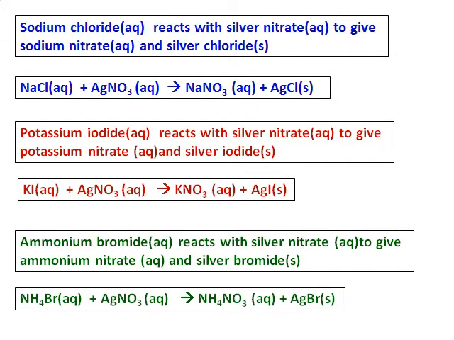So ammonium bromide aqueous, that's NH4Br aqueous, plus AgNO3 aqueous gives you NH4NO3 aqueous and silver bromide AgBr solid. So it is necessary that you learn how to write the formula of all the compounds given over there.